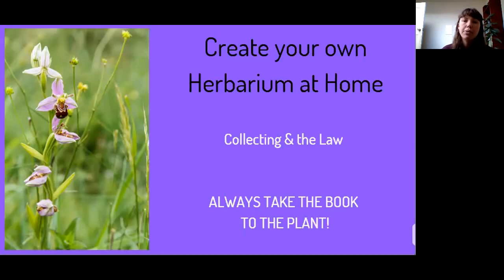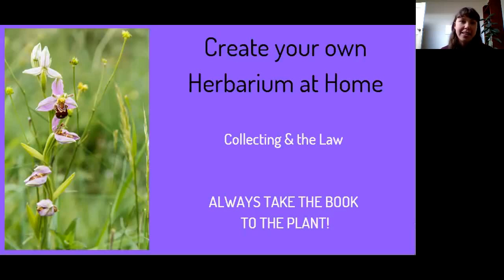And also plants on protected sites. So if it's a site of special scientific interest, if it's a botanical garden, or if it's a nature reserve, that's usually protected from collecting. And again, you would need permission to collect from there. Some species, like the bee orchid here, which is looking very nice, are particularly rare or vulnerable, and so they are protected entirely from collecting.